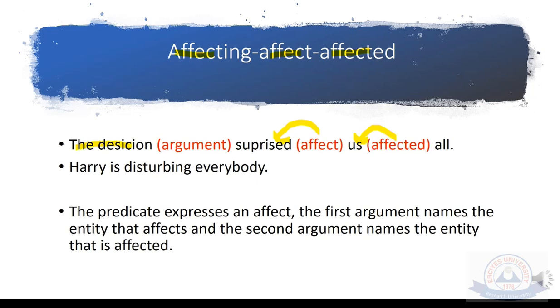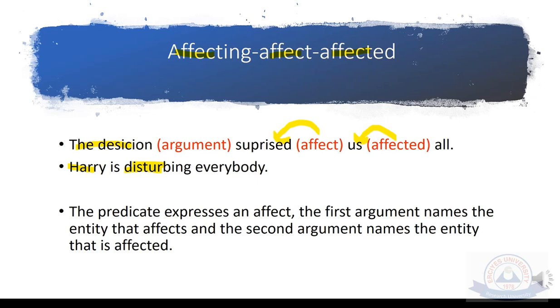Let's look at the other example. Harry is disturbing everybody. So Harry here is the subject, the argument. Is disturbing, this is the effect, because this verb should have an effect on somebody or something, for sure.